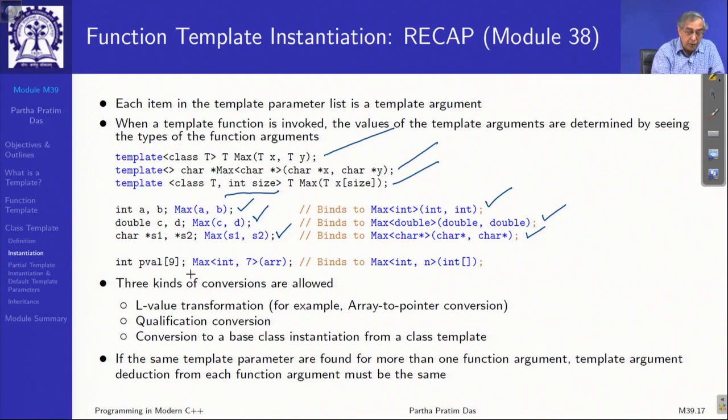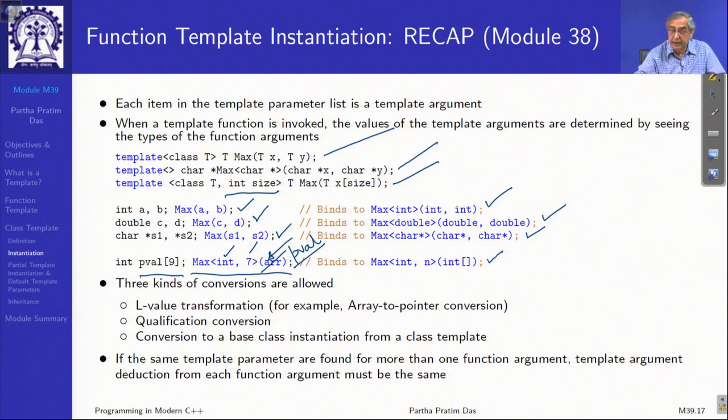And if I call it with type int and value 7 on an array ARR, or maybe we can use p val here, then it will bind to this special function which also is overloading max, right.